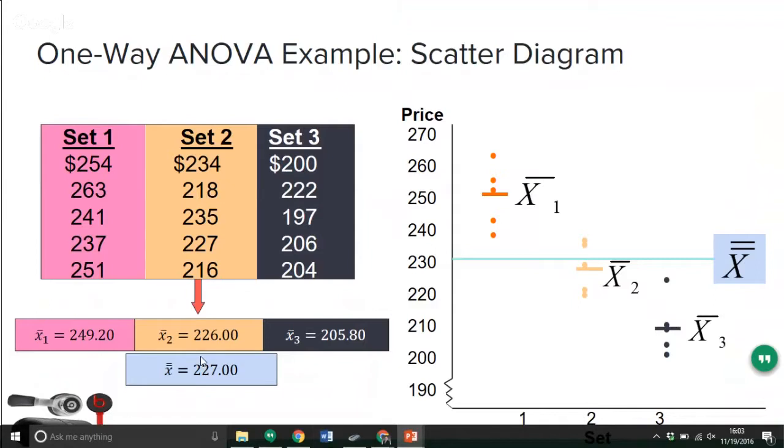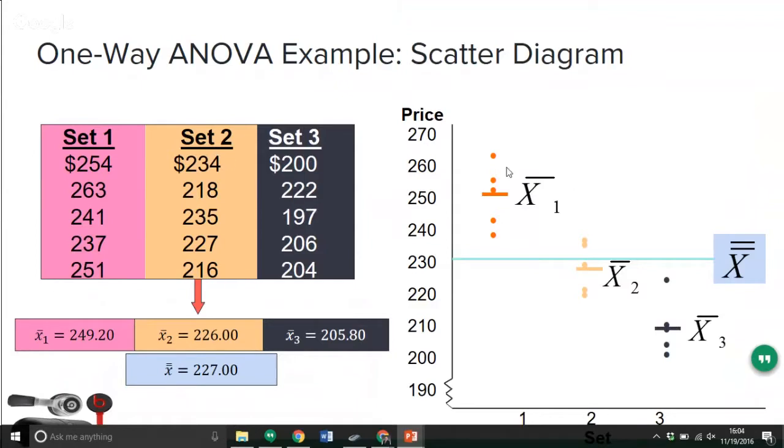Now, if you look, it looks like there's a difference, but is there a difference between 249.20 and 226? Is there a difference between 226 and 205? Is there a difference between 205 and 249? And how does that differ from what we call the grand mean, the mean of means?